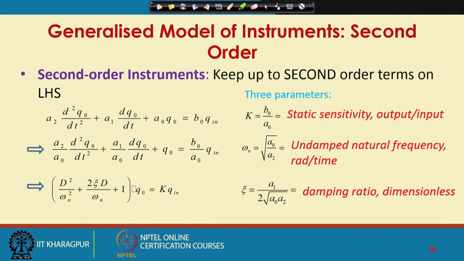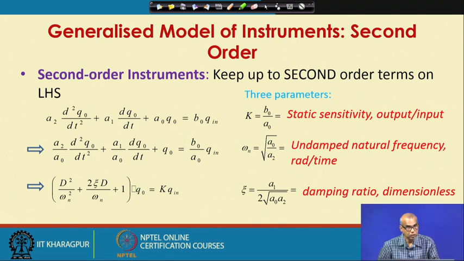Let us extend it further to second order instruments. For second order instrument, we will keep up to second order terms on the left hand side of the generalized nth order equation. If we do that, we will get this equation.